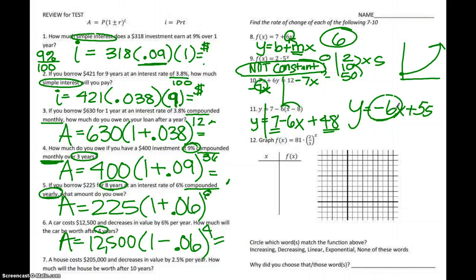Number 12, graphing 81 times 2/3 to the x. I can start at negative 2, I could start at negative 1. I'm going to do just one negative number this time. And from here, notice this is our x-axis and this is y.